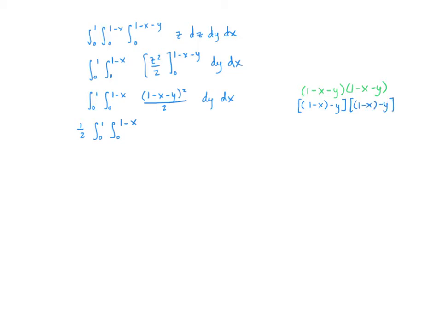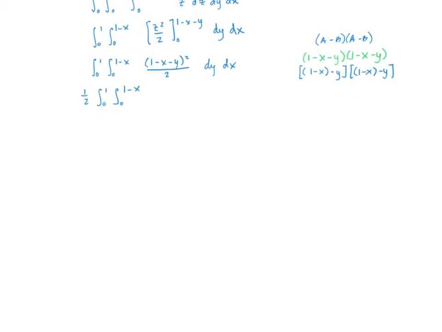So if you recall the product formula in algebra, when you take two values that are the same, in this case both a minus, and you multiply them, it's the square of the first minus 2 times their product plus the square of the last term. So I'm just going to write this as the square of the first term, which is (1 minus x) squared. You don't have to, you can multiply the whole thing out. You'll get the same answer.